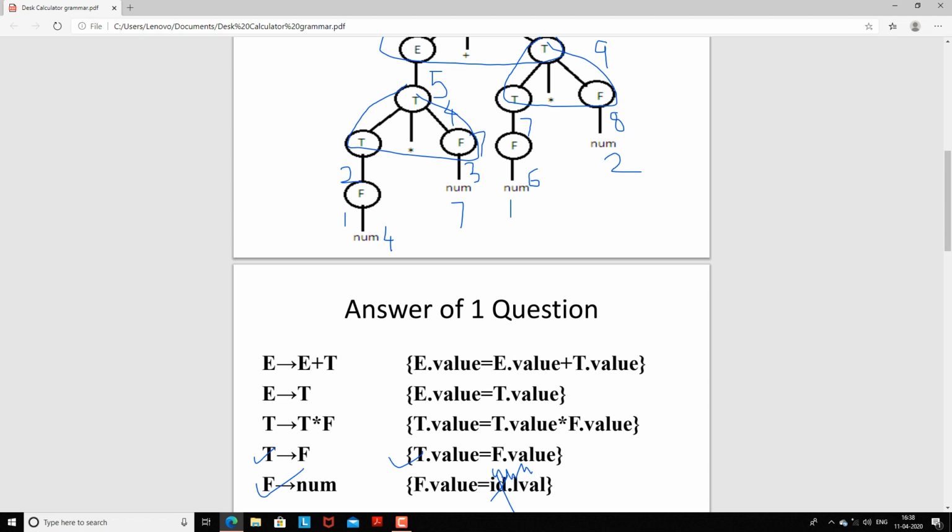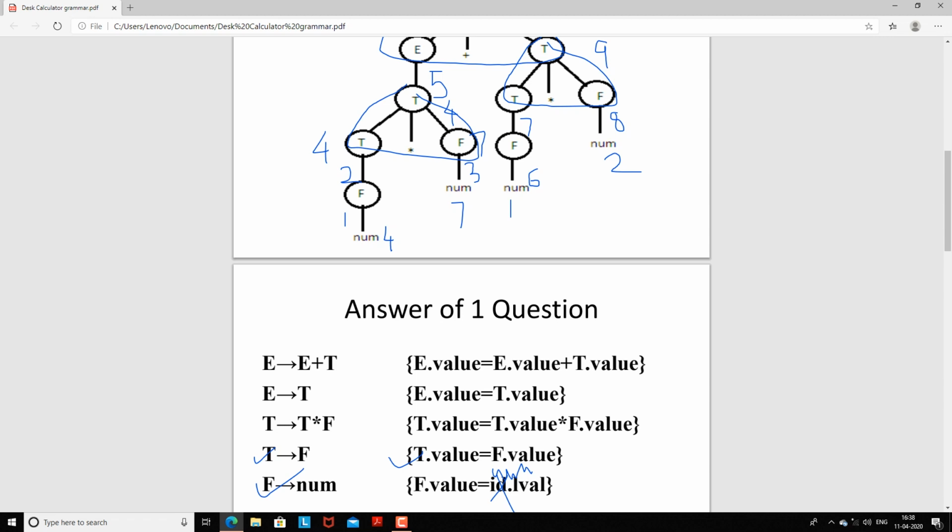Then for T tends to T into F, the value of this node is 4 and the value of this node is 7, and we perform the multiplication operation. So the SDT for T tends to T into F is that the value of the left child is multiplied with the value of the right child.